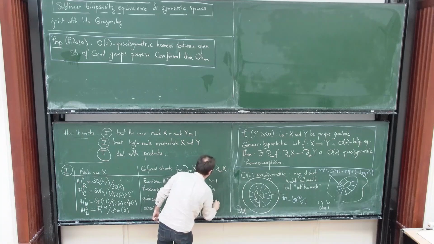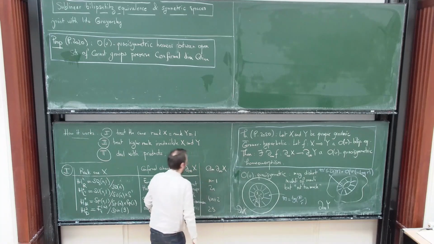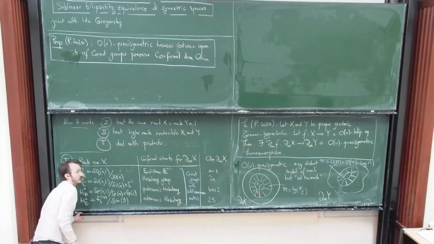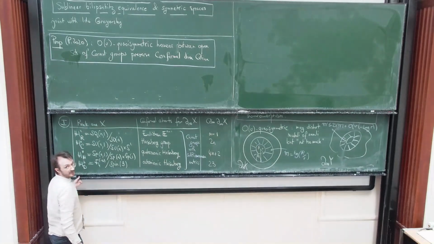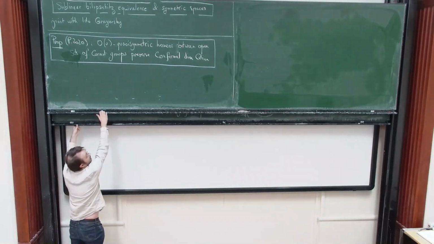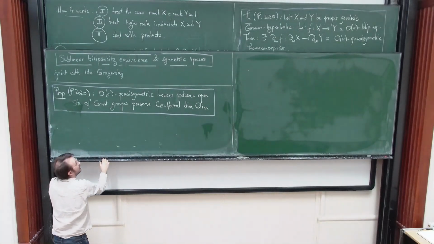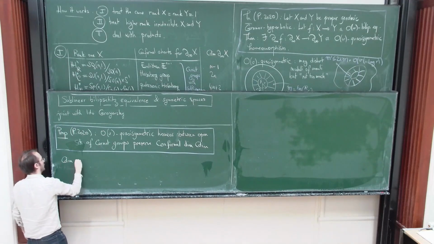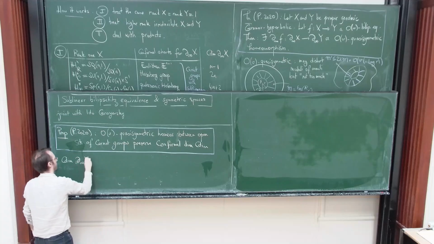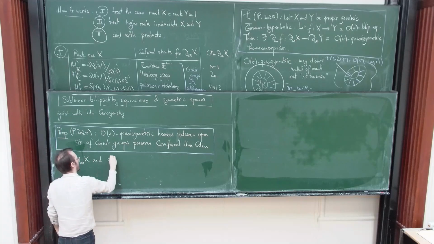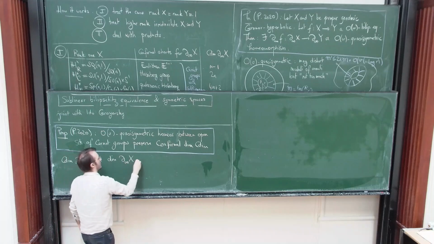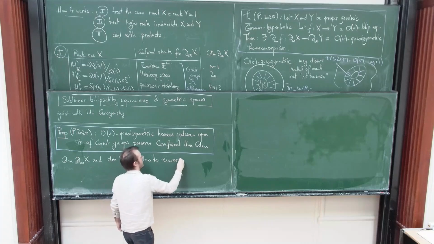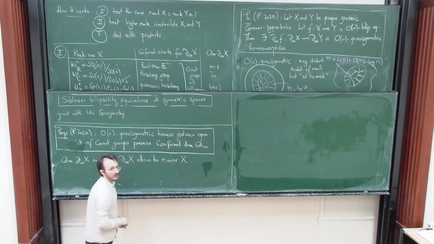Here it's 4n plus 2, and here it's 23. The conformal dimension, together with the topological dimension of the boundaries, allows us to recover x. And so this is done.